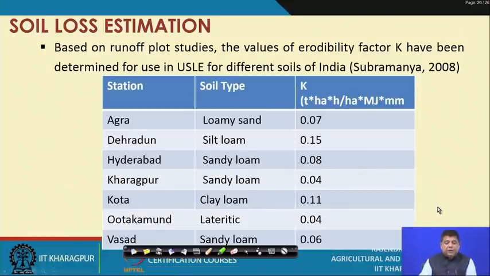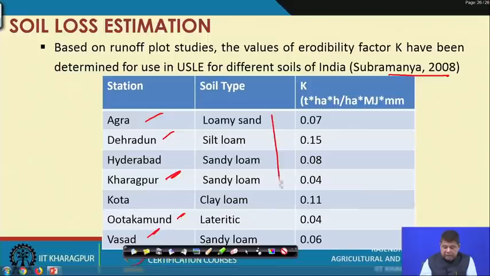Based on the runoff plot studies, certain values of erodibility factor have been recommended for different soils of India, and the reference is Subramanya 2008. The different stations you can see are Agra, Dehradun, Hyderabad, Kharagpur, Kota, Ooty, and Vasad in Gujarat, and these are different types of soils.